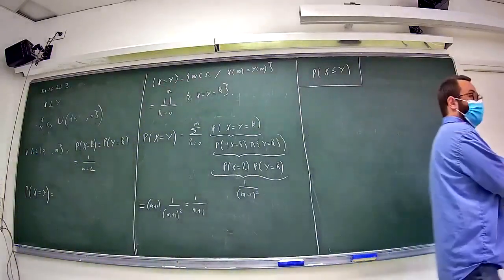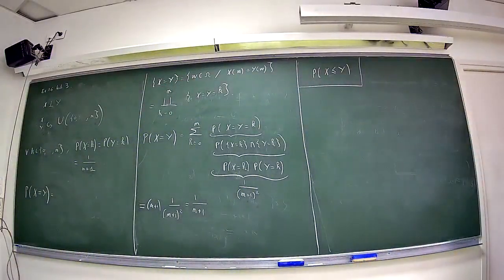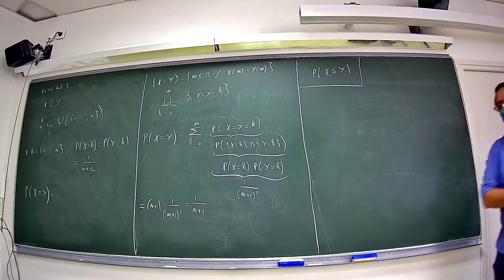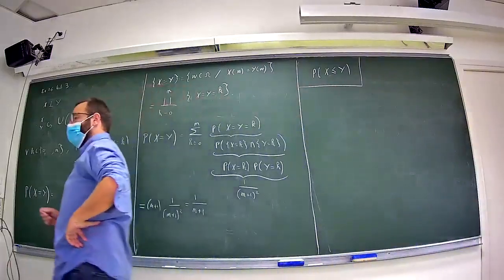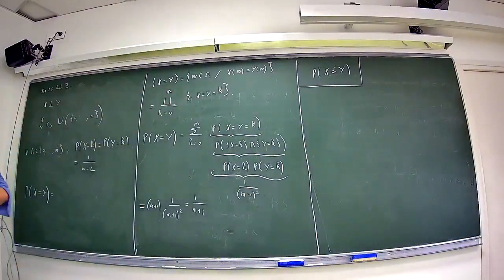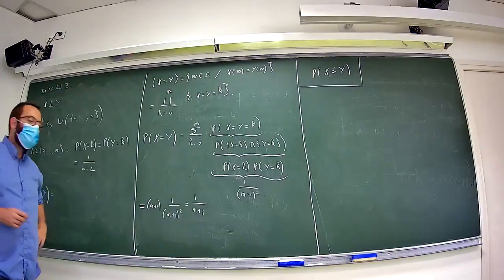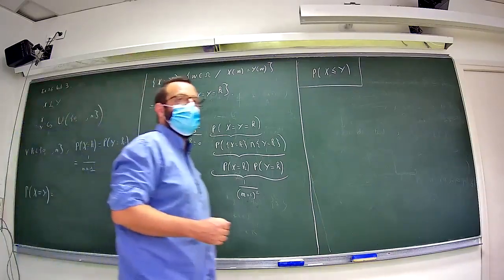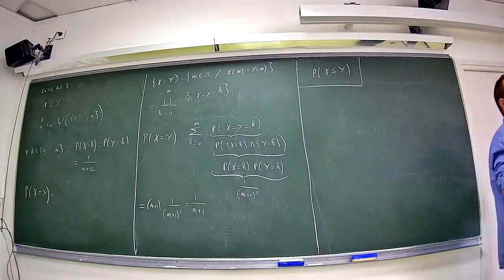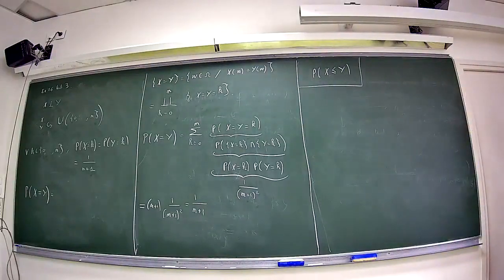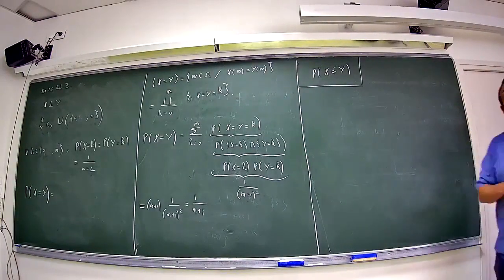Which one? You have a result in the course that tells you, in order to compute a probability, you may know some related probabilities, and then you do a sum, and at the end you obtain the whole probability you are interested in. The law of total probability.